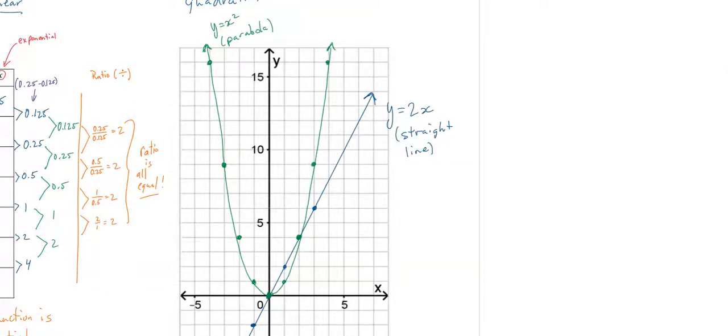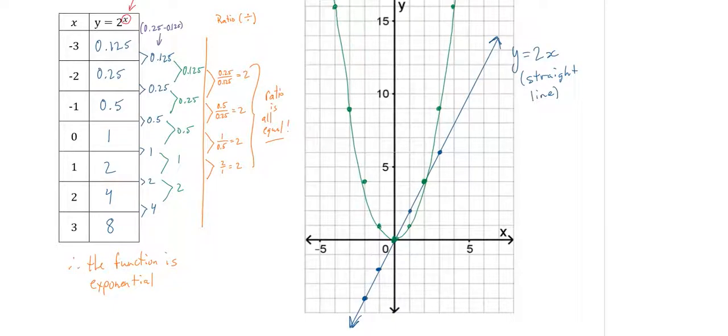And then the last one is our exponential. So -3 is 0.125, which is very small, so I'm just going to go very small here. And then -2 is 0.25. -1 is 0.5. And 2 to the 4 is 16.